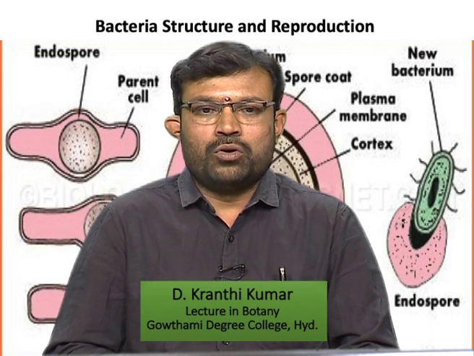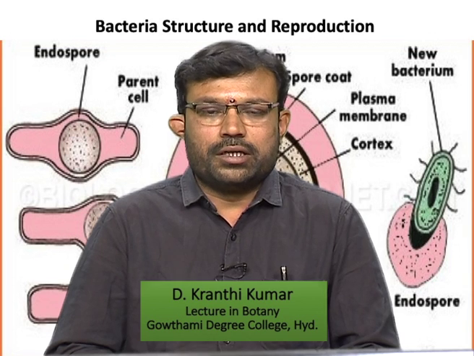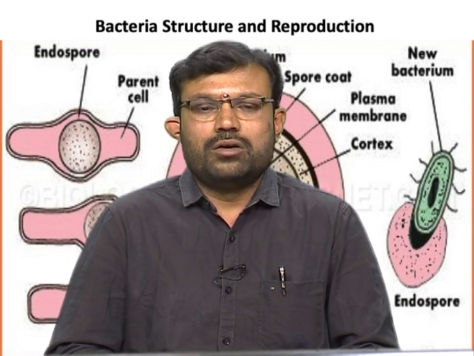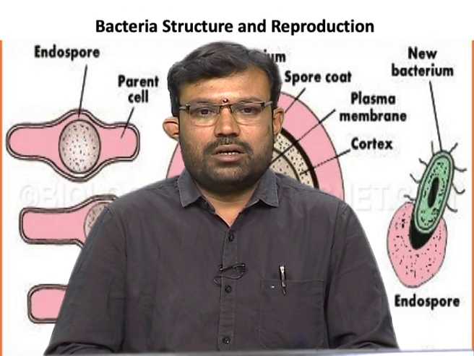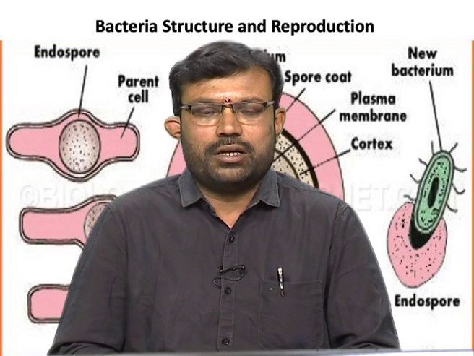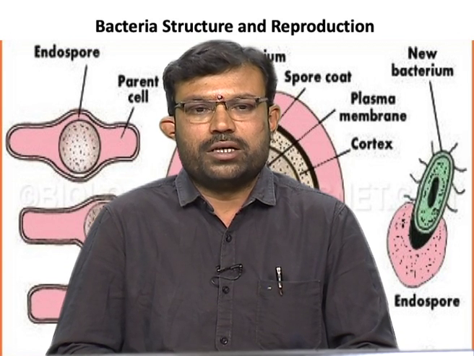Monobacillus: mono means single, a single rod shaped bacterium. Diplobacillus: a pair of rod shaped bacteria.